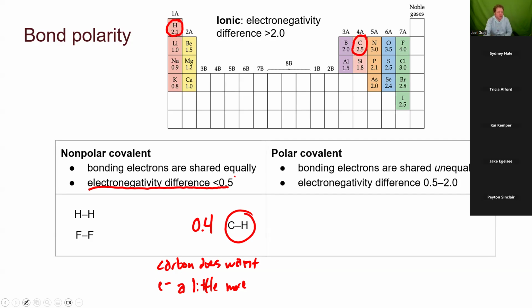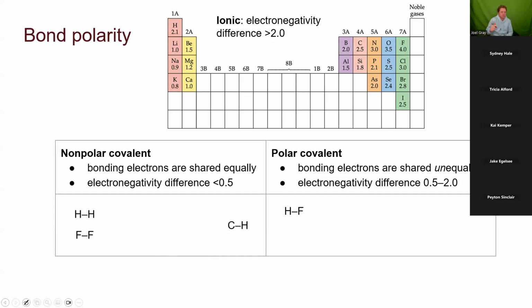Now, when we look at another classification for a bond, we look at what's known as a polar covalent bond. We're still looking at the electronegativities, but now we're going to see how different they are from one another. Here, what we're looking for is a range from 0.5 to 2.0.